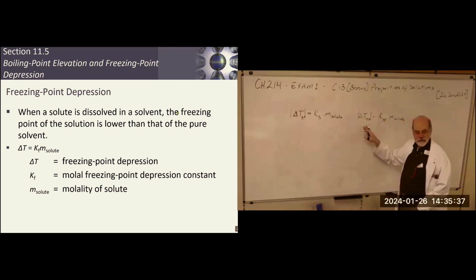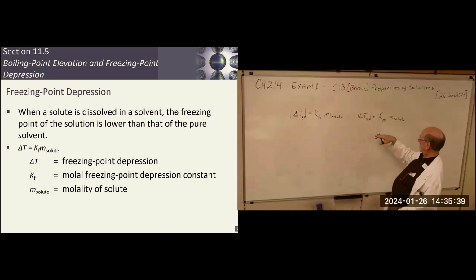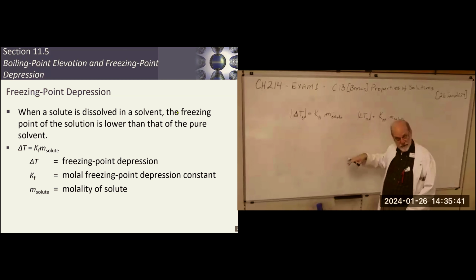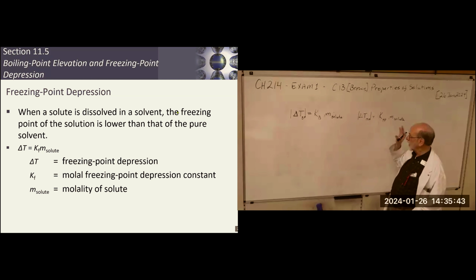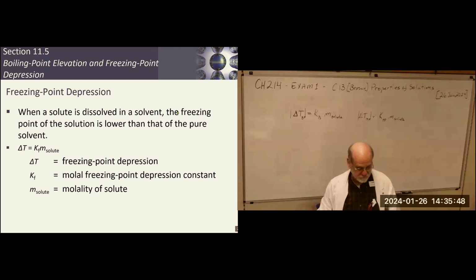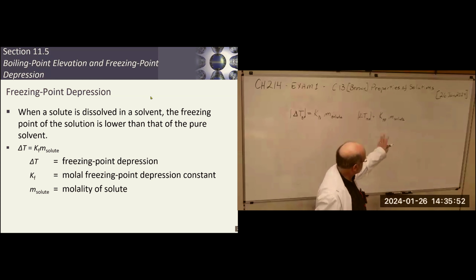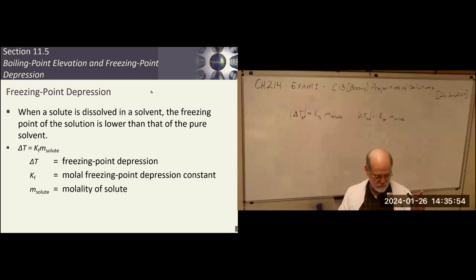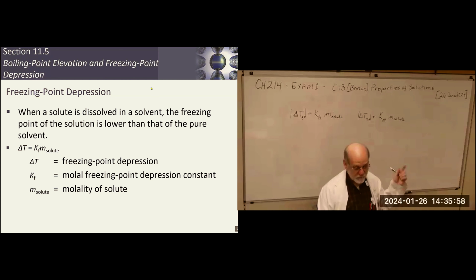But with the melting point, the final temperature is going to be depressed, less than the initial. But we only want the absolute value. I should have put that in the slide, actually. We'll talk about how to use that to find the molar mass when we look at the lab. Okay, we'll come back to that.